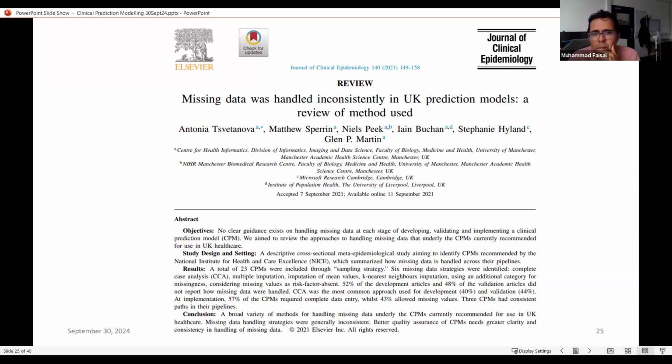And this missing data is one of the hurdles when you're developing the model. One review discovered that there is no systematic agreement, and people are not handling missing data very well. That is one of the challenges.